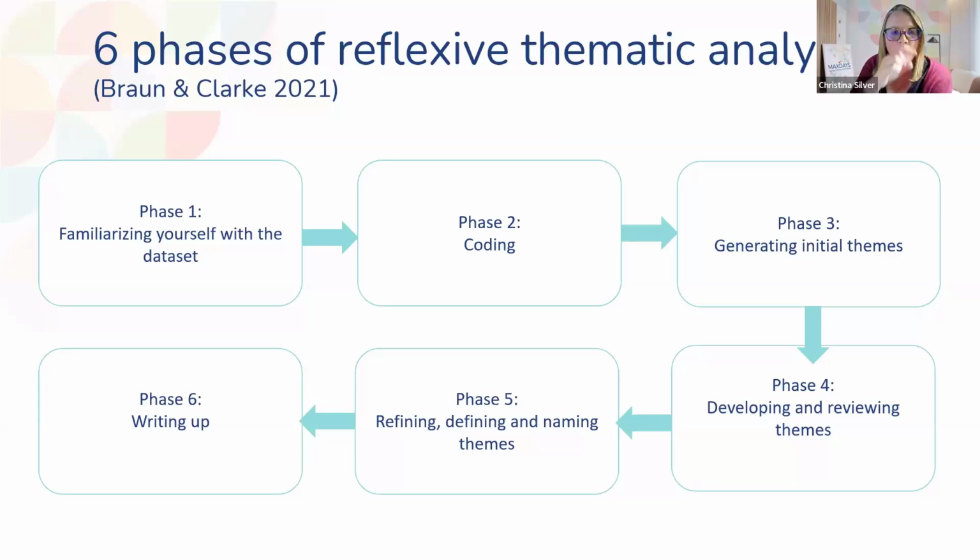Okay, one thing to say right at the outset is that there is some blurring between these phases, and also, although this looks like a sequential process, actually quite a lot of iteration happens between the phases and within the phases as well, which is very characteristic of most qualitative approaches, as I'm sure many of you are already aware.